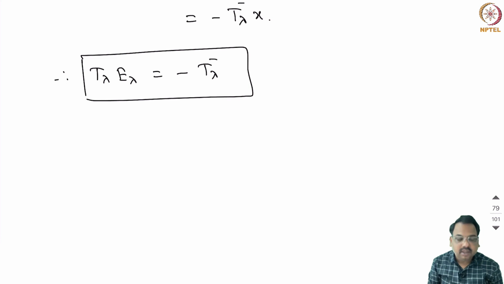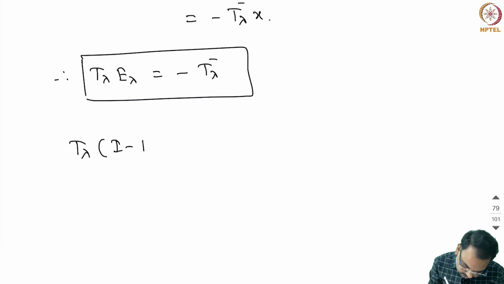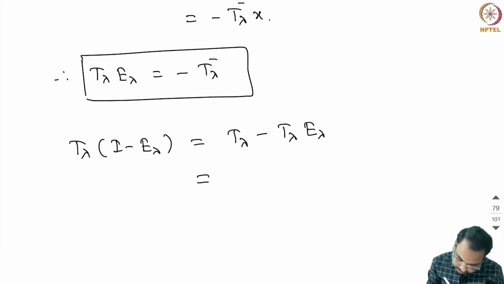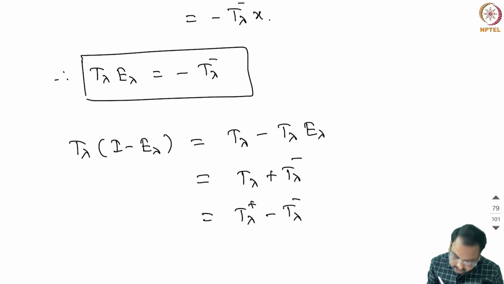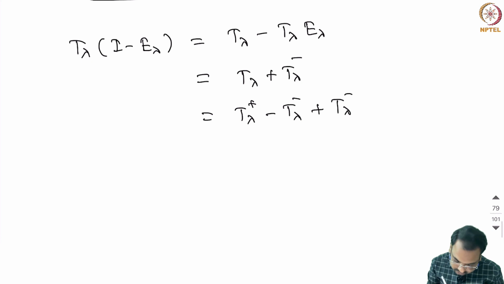Now if you look at T_λ into (I minus E_λ), it is nothing but T_λ minus T_λ E_λ, but T_λ E_λ is nothing but minus T_λ^-. So this is T_λ plus T_λ^-, which is nothing but T_λ^+ minus T_λ^- plus T_λ^-. So you will get T_λ^+.